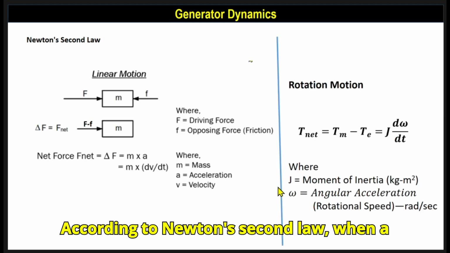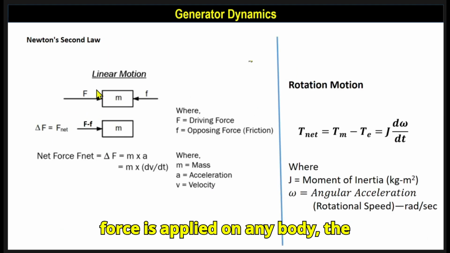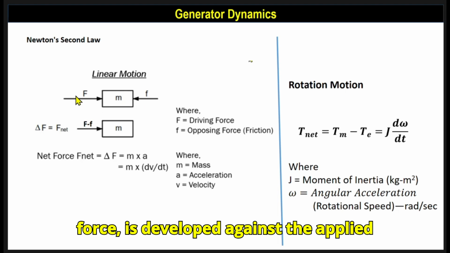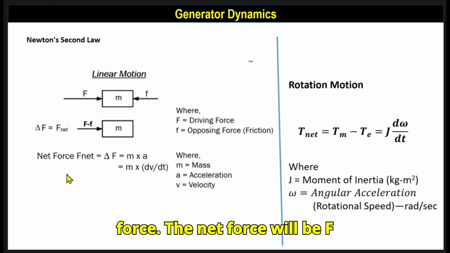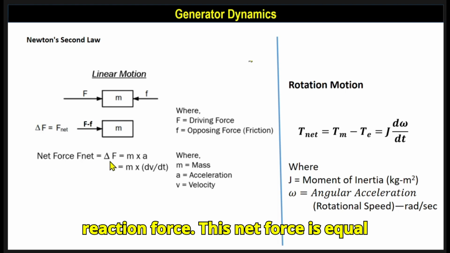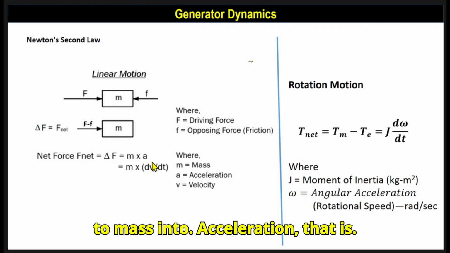According to Newton's second law, when a force is applied on any body, a reaction force, that is the frictional force, is developed against the applied force. The net force will be F, the applied force, minus the reaction force. This net force is equal to mass into acceleration.